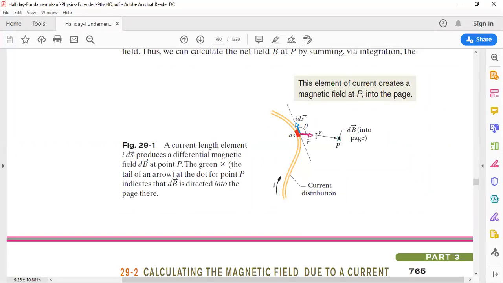So distance matters a lot, and then the angle between the direction of the current at that point and the point where you are measuring the magnetic field.